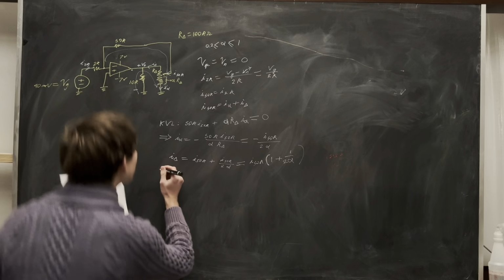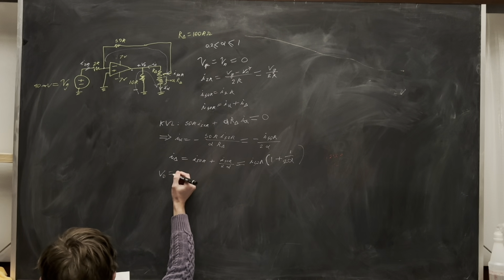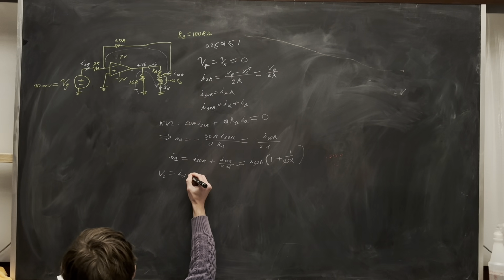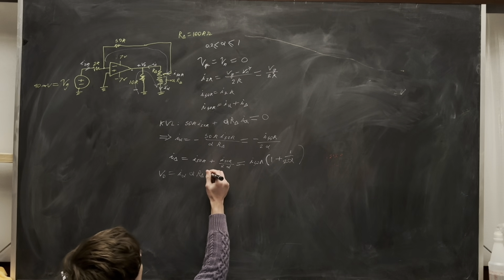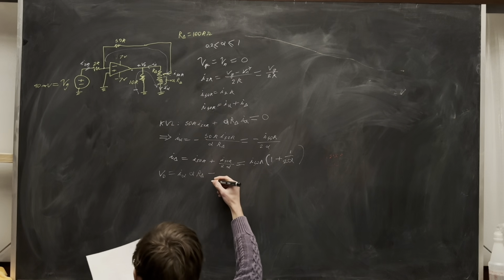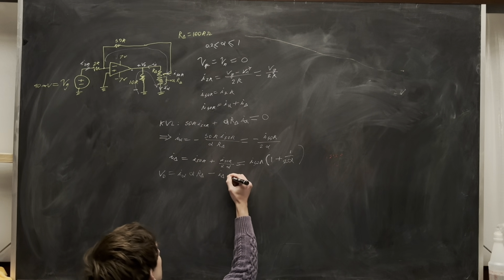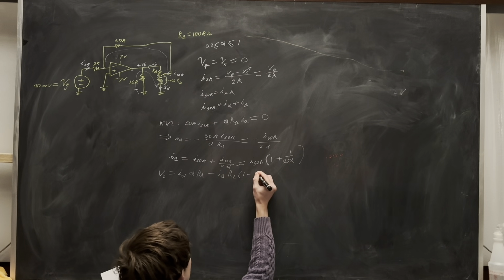Write that out: V out equals I alpha times alpha R delta, or no, minus I delta times R delta times 1 minus alpha.